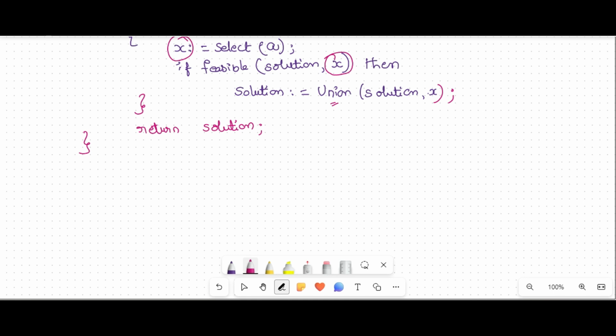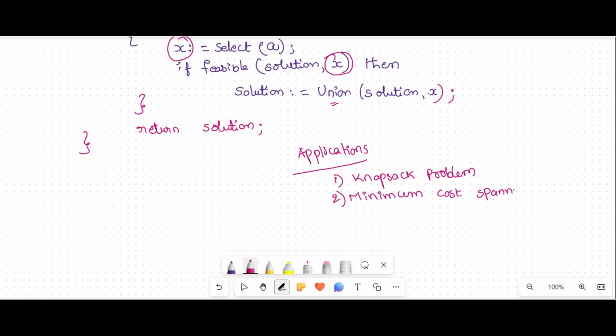What are the applications of this greedy method? The applications here are: one is knapsack problem, and second one is minimum cost spanning tree. Then optimal merge patterns.